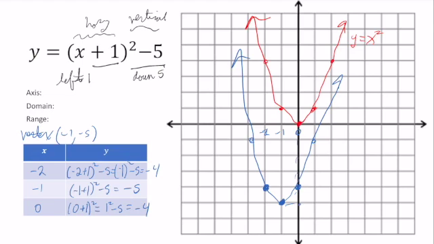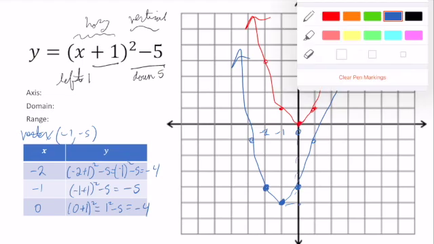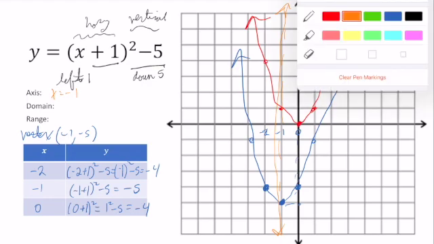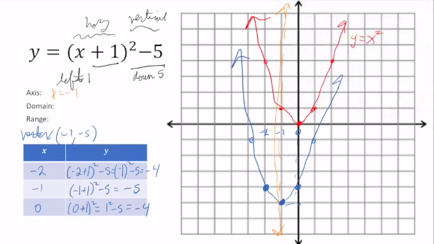My axis of symmetry, right here, is x equals -1. My domain is all real numbers, and my range starts down here at y equals -5 and goes all the way up to positive infinity.